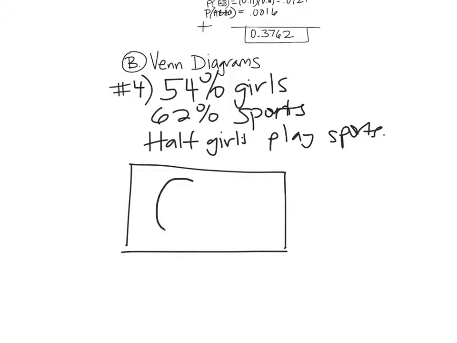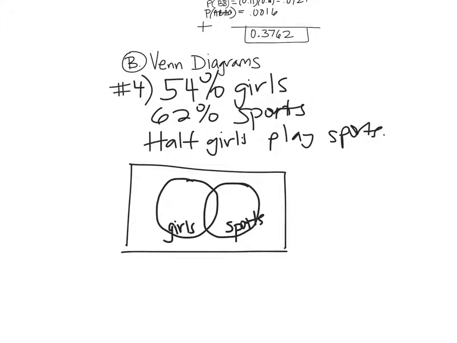So we're going to draw 2 circles. We'll call the first circle the girls, and then we'll call this side sports. Not boys, but sports. We don't know anything about the boys yet. And you're right, you said 0.27.